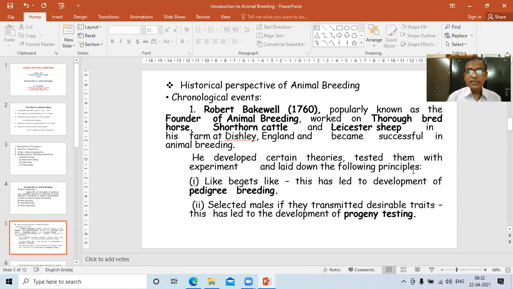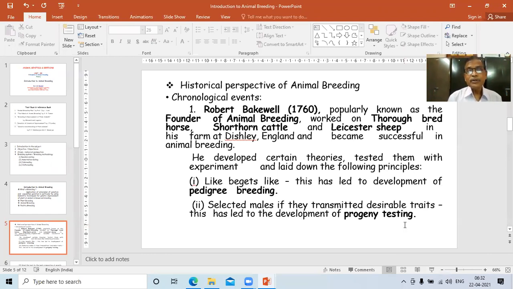Secondly, selected males, if they transmitted the desirable traits, led to the development of progeny testing. Those animals that are the best would be allowed to produce progeny.